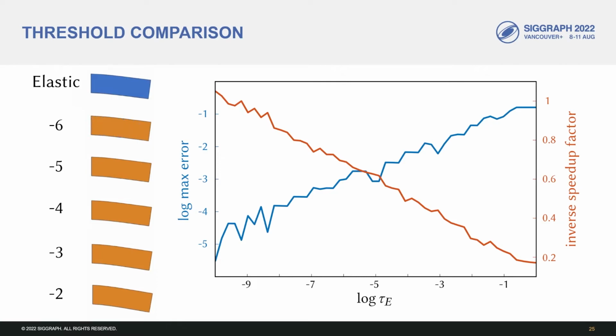On the left, we see a subset of simulations we computed for this speed accuracy trade-off comparison. While at right, we plot the log of the max error and the inverse speed-up factor. The x-axis is the elastification thresholds used. Notice the clear correlation between speed-up and accuracy across different thresholds.